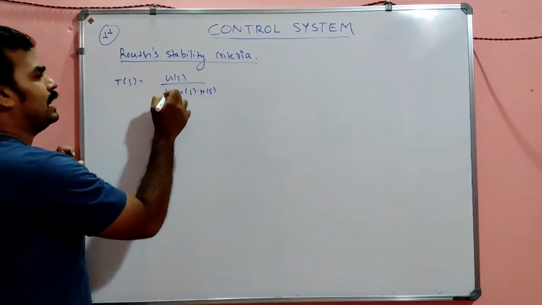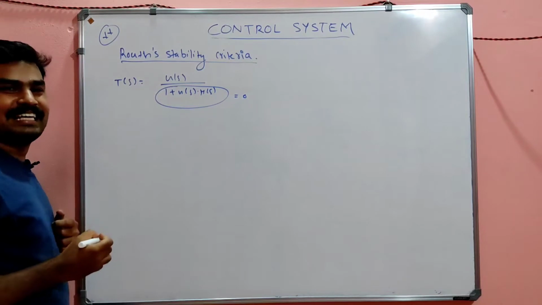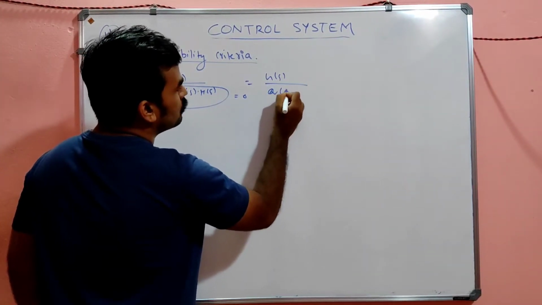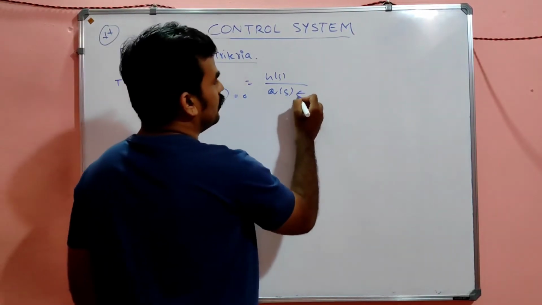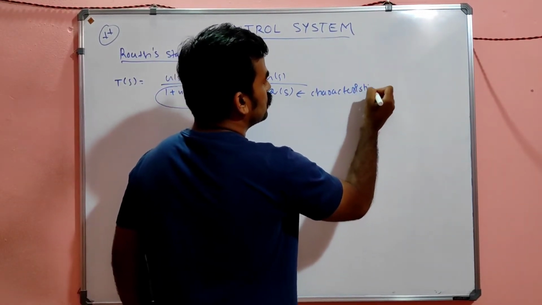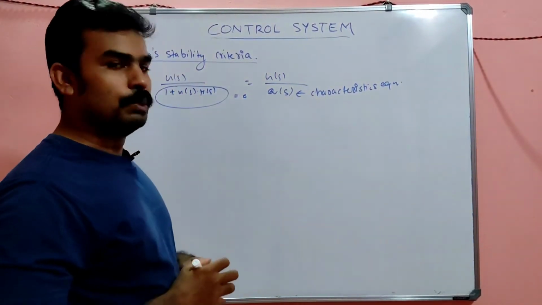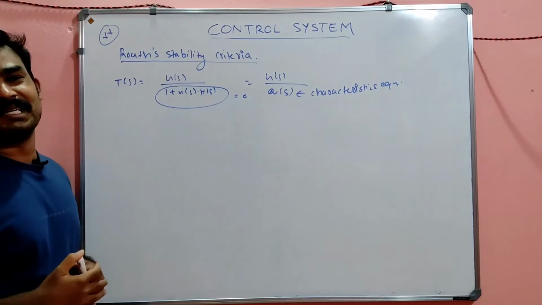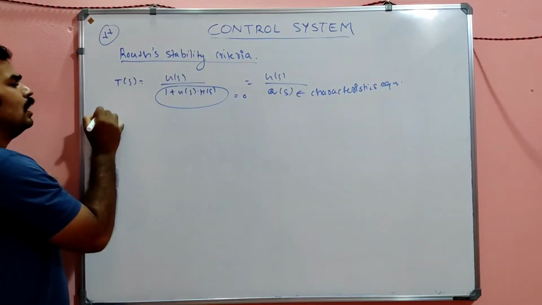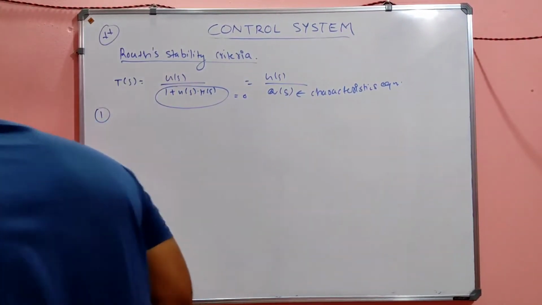So the characteristic equation is nothing but, my dears, the denominator equal to 0, which is called the characteristic equation, Q of s. So in Routh stability criteria, we are utilizing the characteristic equation in order to predict the stability of the system. Okay, so let us write some rules in order to make the point very clear.